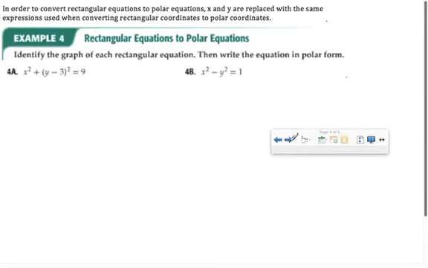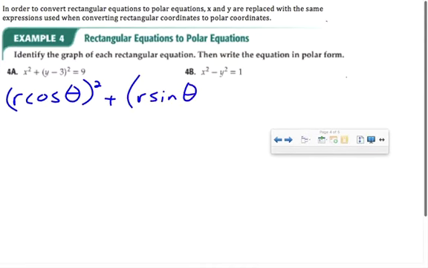Here we're converting equations now between polar equations and rectangular equations. So once again, we're going to use that whole x equals r cos theta, y equals r sine theta, and kind of work with it from there. So this will become r cos theta squared plus r sine theta minus 3 quantity squared equals 9.